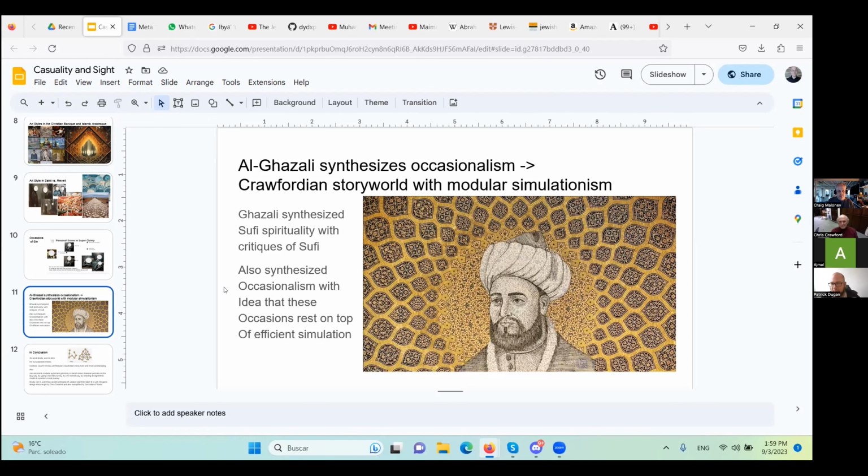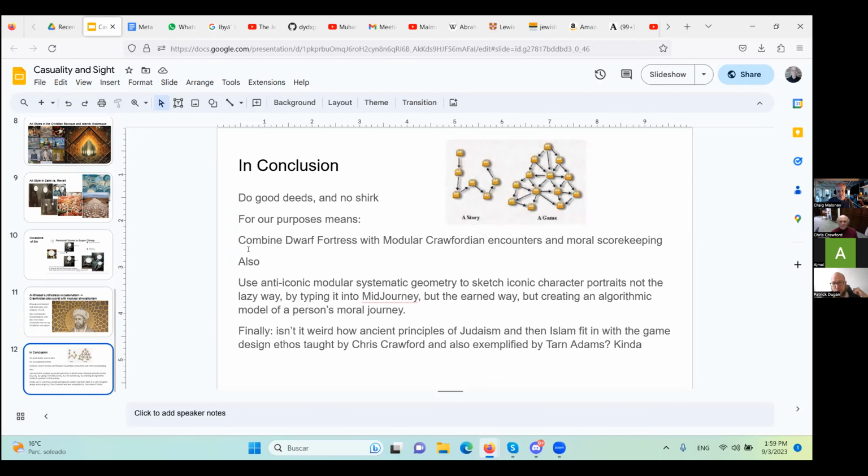So I think that's something we can, there's actually a lot of room here, both in the art styles that are anti-iconic and in synthesizing simulationism and what you might call Crawfordianism or occasionalism. In conclusion, do good deeds and no shirk, which for us means combine Dwarf Fortress with modular Crawfordian encounters. This is actually a very big field of possibility for us.